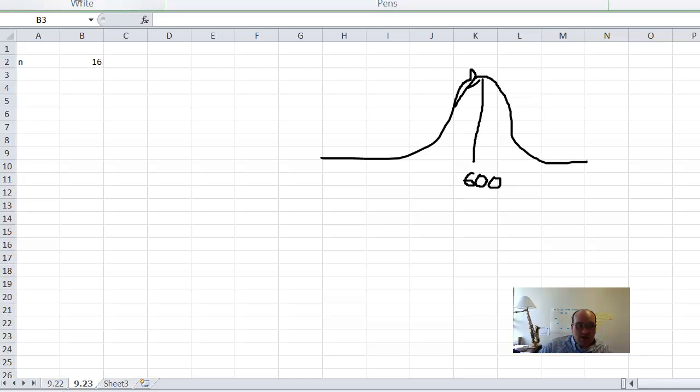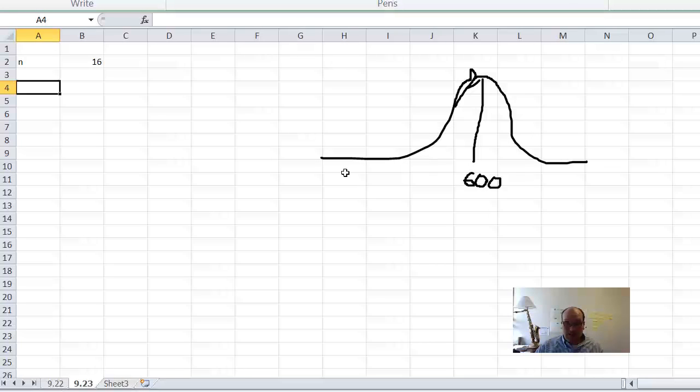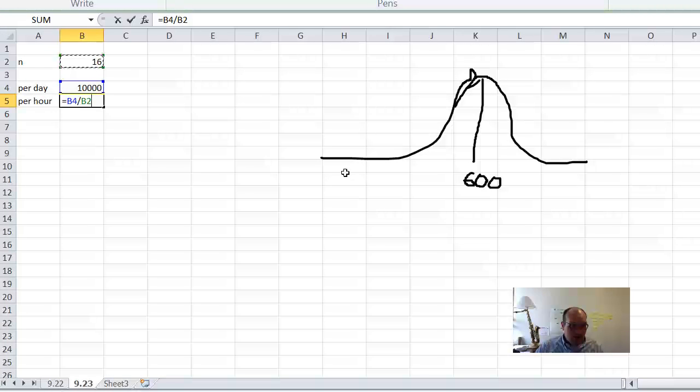So how do we do that? Well, the easy way is to convert that daily thing into hours. So this is per day, 10,000. How do we turn that into per hour? Just divide by 16 hours, which gives 625.